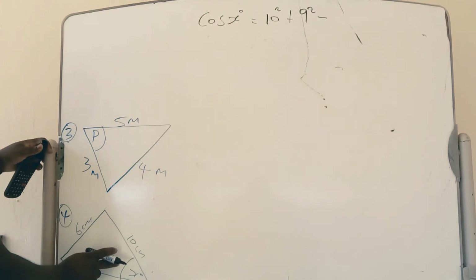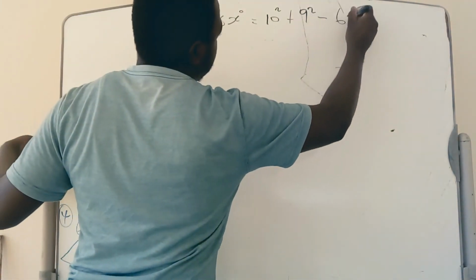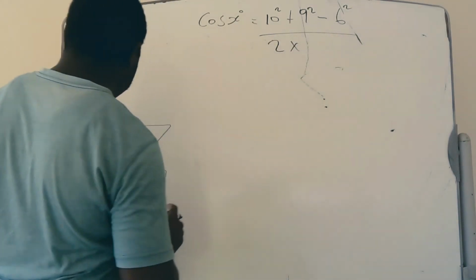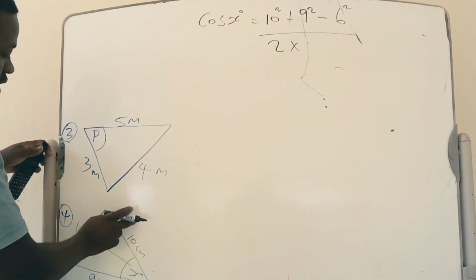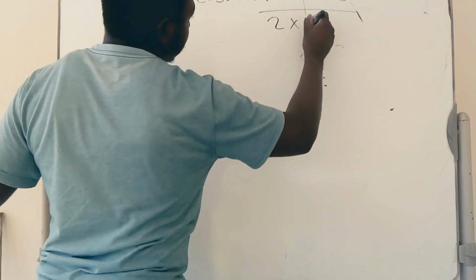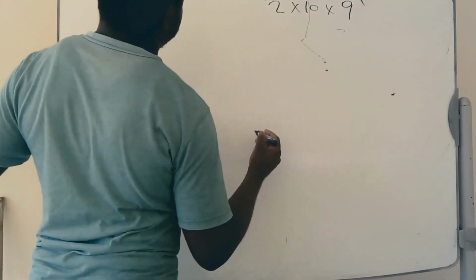subtract the square of the side that is opposite to the angle, which is this side here. So you're going to subtract 6 squared all over 2 times the length of the sides that the angle is between, times 10 times 9, right?